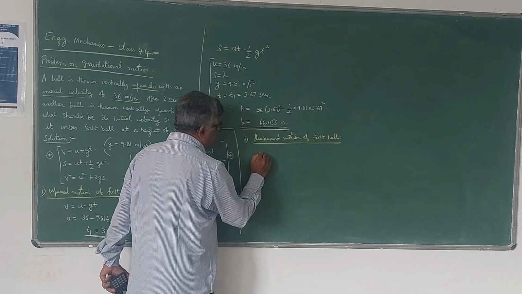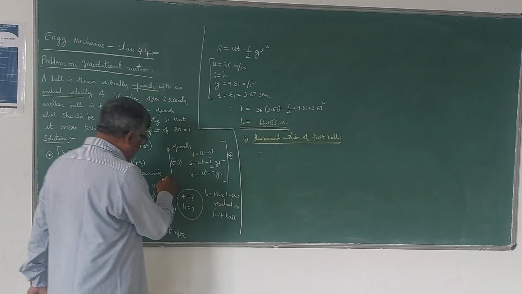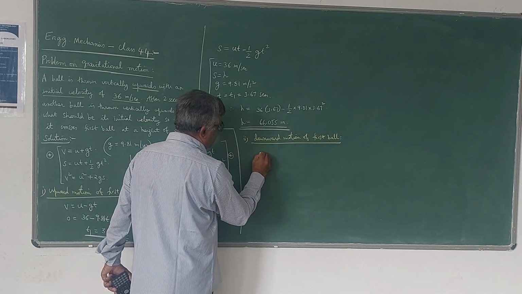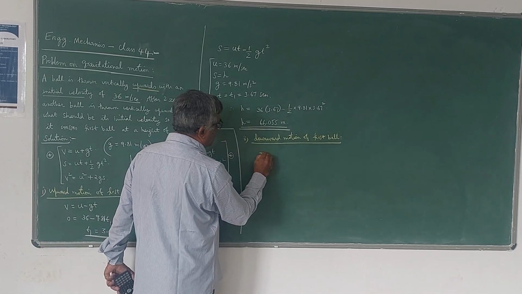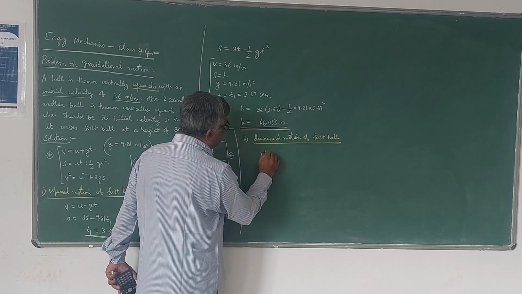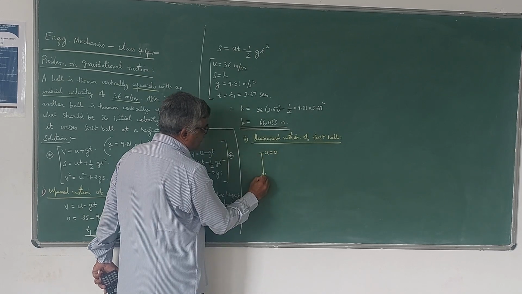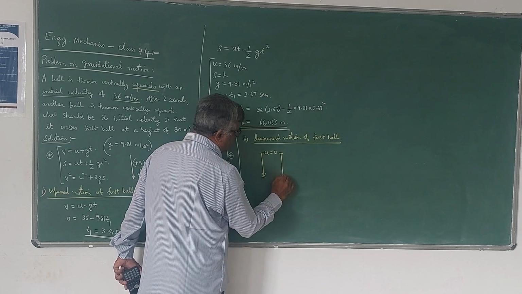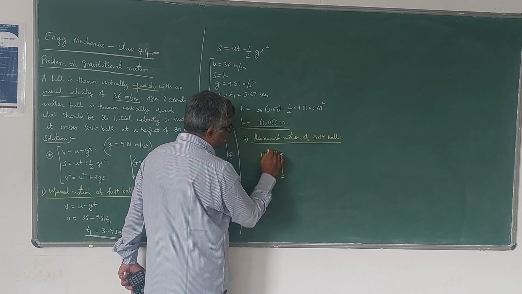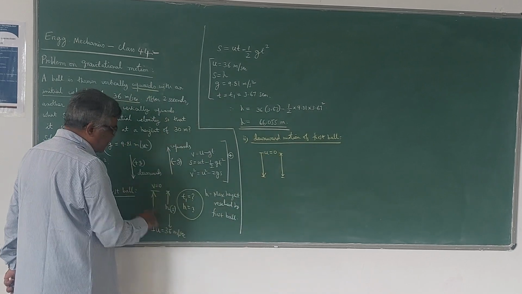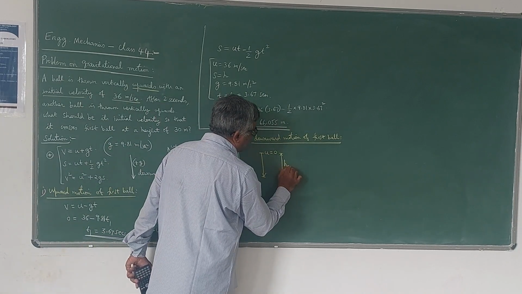That means after reaching that height h, the ball starts falling down. Here the initial velocity we have to take as 0, and whatever distance it covers from here to here, I will take it as h1.